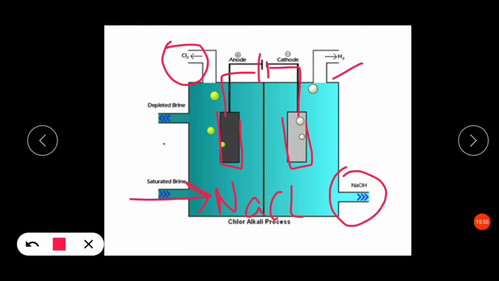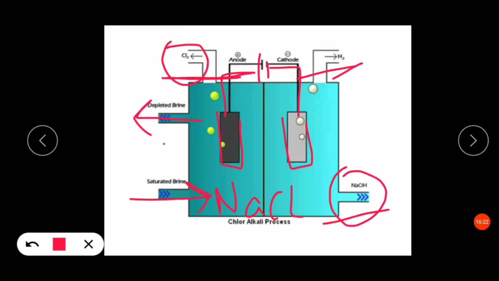You have to observe where the chlorine is produced. Chlorine is produced at the anode. Hydrogen is produced at the cathode, and NaOH is produced near the cathode. And the used brine, which is being depleted, is removed from this pipe.